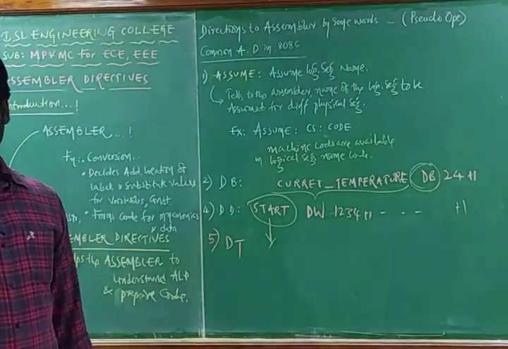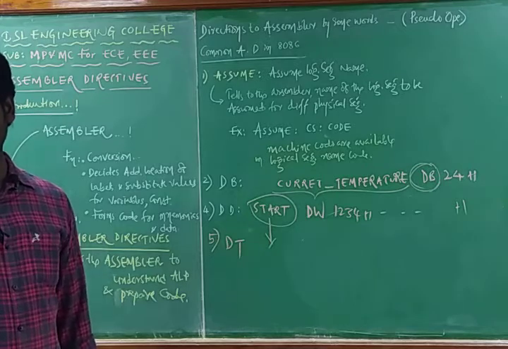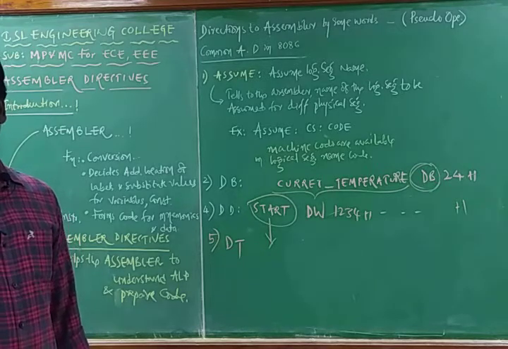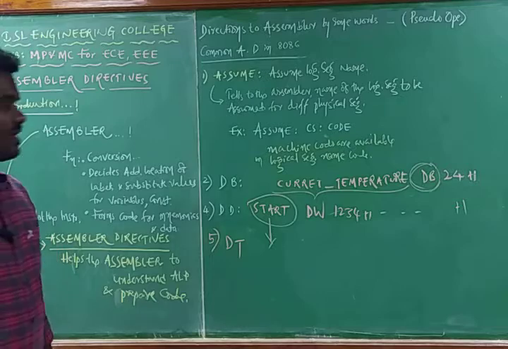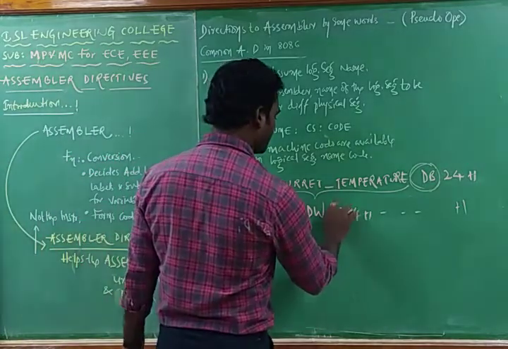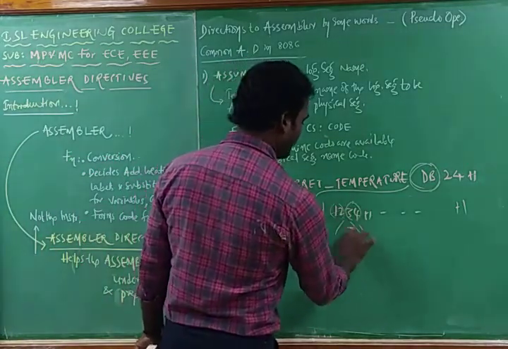In this example, the define word directive tells the assembler to reserve 2 bytes of memory. Here a word is 16 bits, which is 2 bytes.